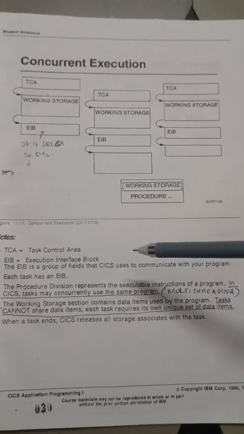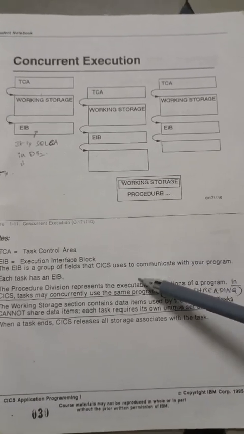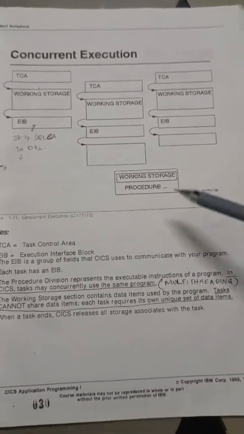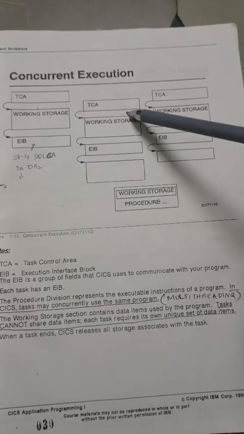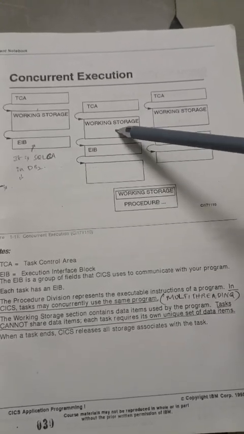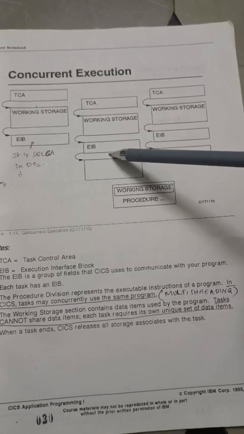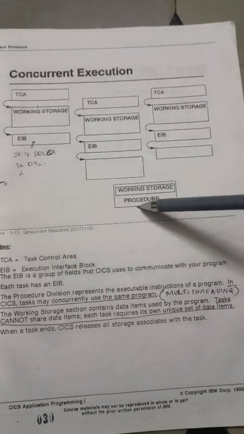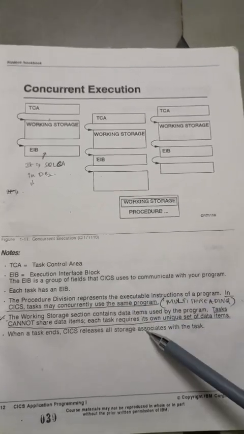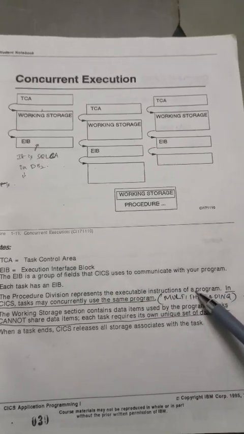What is an EIB? It is a group of fields CICS uses to communicate with your program. So each TCA has different working storage fields, the EIB fields are created, and it will execute the program. The program represents the executable instructions.